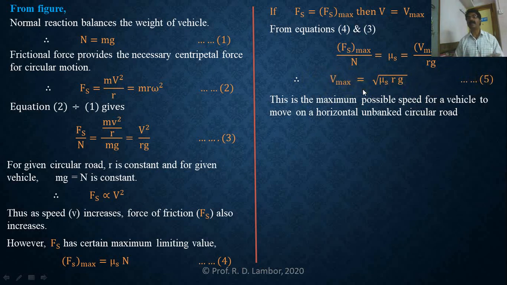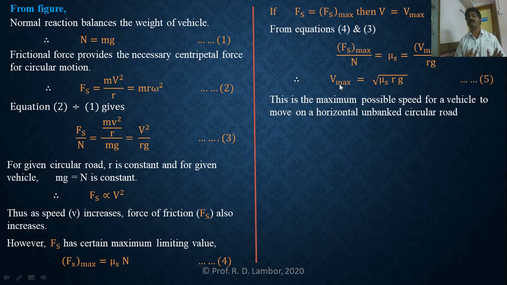So from the first application of circular motion, we are getting the maximum possible safe speed for a vehicle to be driven along a horizontal circular track. If the speed of the vehicle is less than the maximum possible speed, then there is no danger.